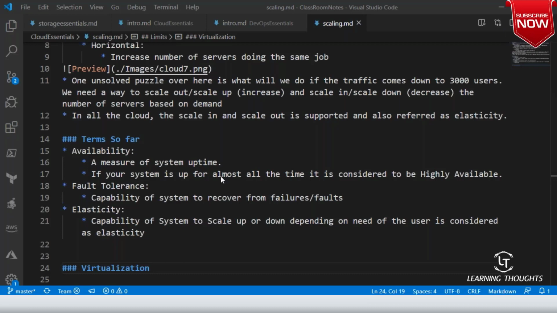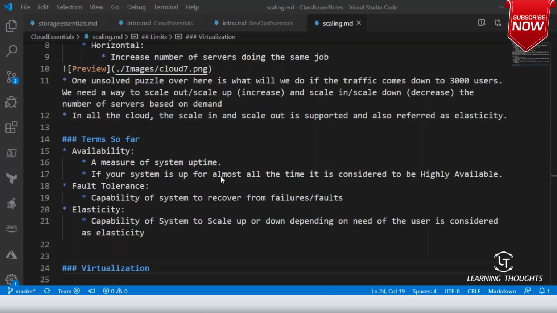For example, if I'm running a payroll application where you can see your pay slips given by your organization, and that application is not available for certain periods of time in your month, it is not a very critical application. But I cannot do the same thing for a stock market application or a tax submission application for a government.